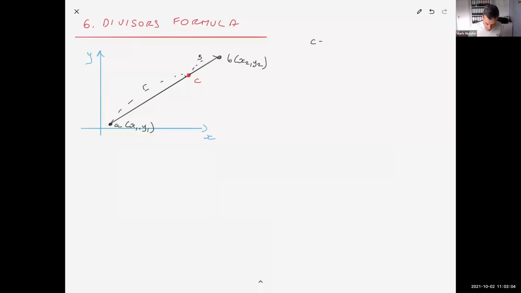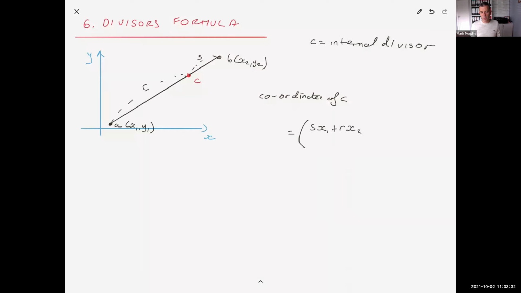So C is equal to the internal divisor, and the coordinates of C are given by the following. I'll write it down here and make more space. It's equal to S times x1 plus R times x2.